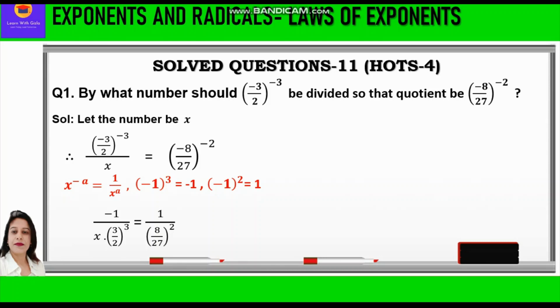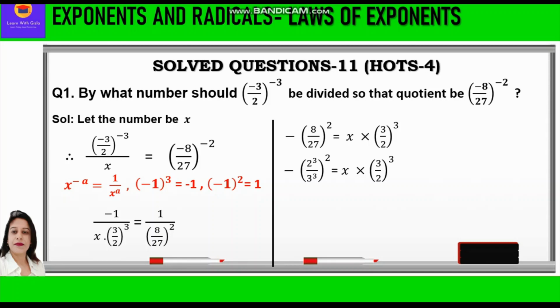Now further we shall cross multiply. We write minus outside the bracket and (8/27)^2 is equal to x into (3/2)^3. Further, 8 can be written as 2 cube and 27 as 3 cube. So we write minus (2^3/3^3)^2 is equal to x into (3/2)^3. Now we apply the law of power of a quotient, according to which (x/y)^a is equal to x^a / y^a, but in the opposite way.